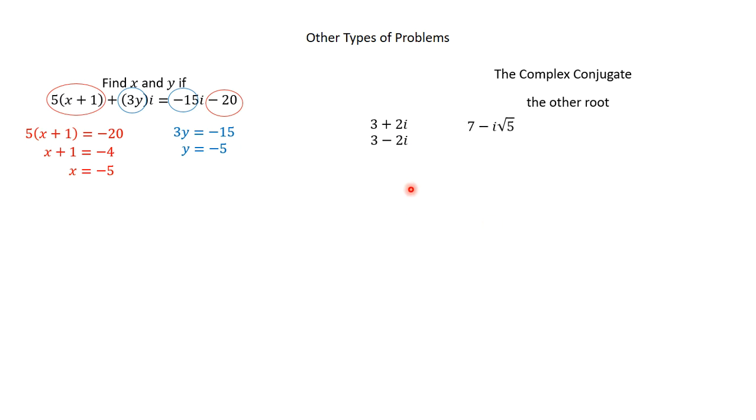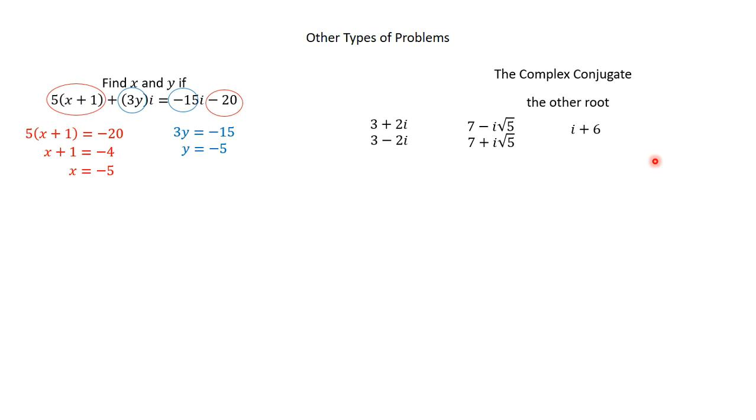If we have 7 minus i root 5, the complex conjugate, just change the sign of the imaginary part, 7 plus i root 5. Now this one's a little bit tricky. i plus 6, we have to change the sign of the imaginary part.